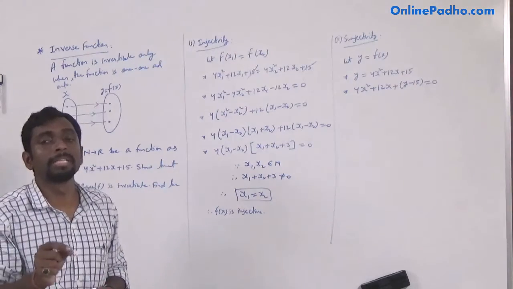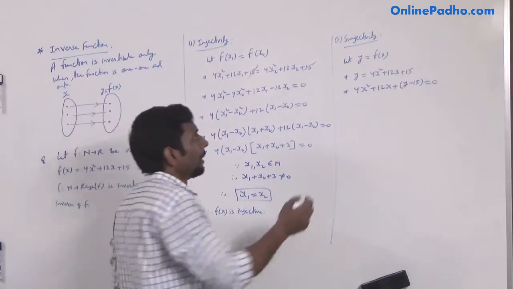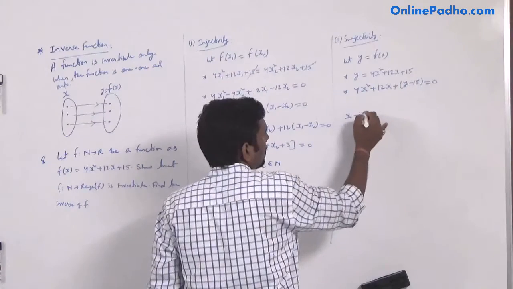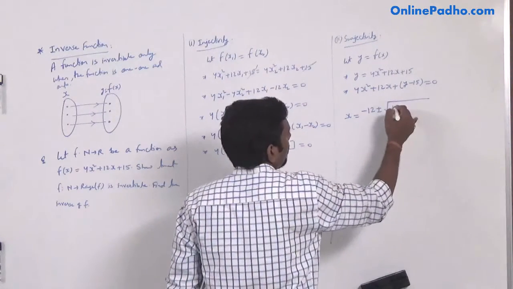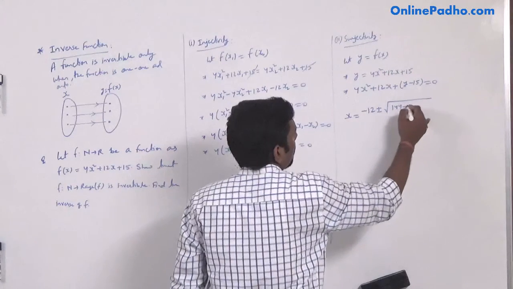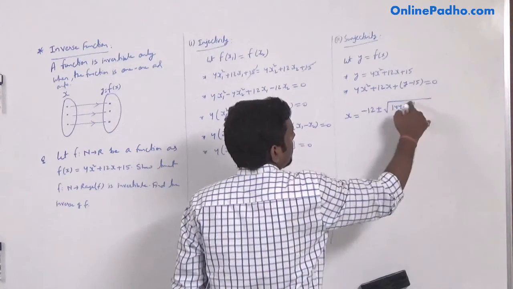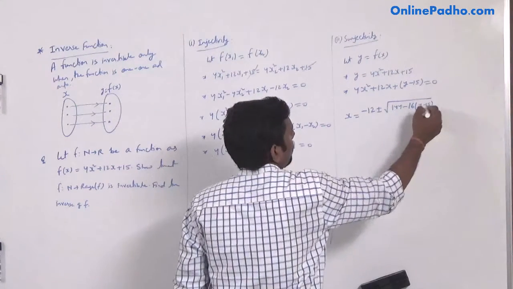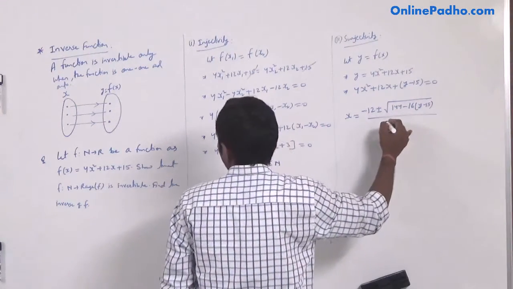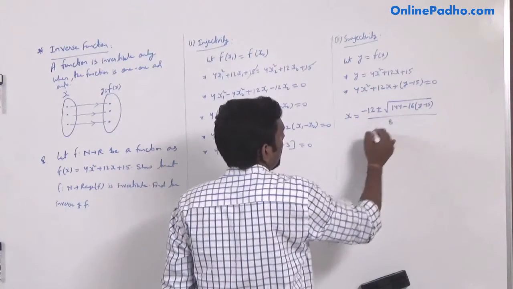By quadratic formula, x equals minus 12 plus minus square root of b square, that is 144, minus 4ac, that is 16 times (y minus 15), divided by 2a, that is 8.